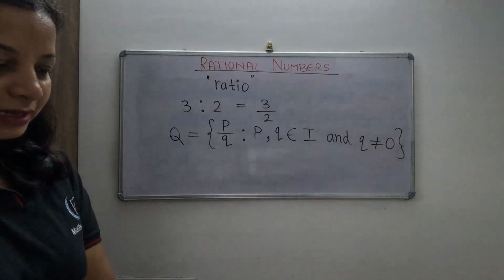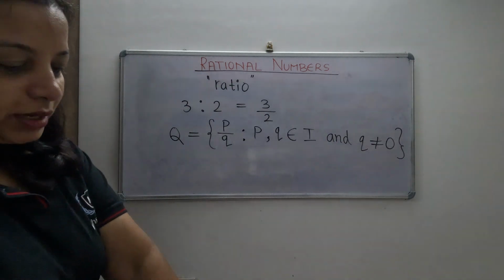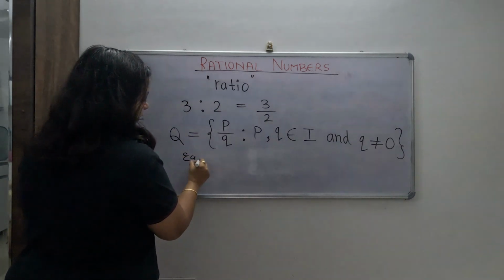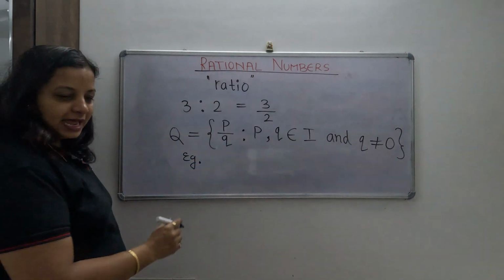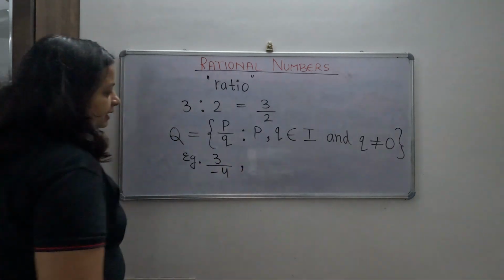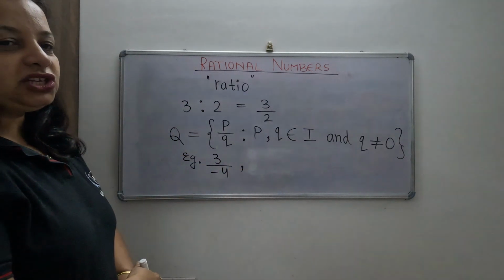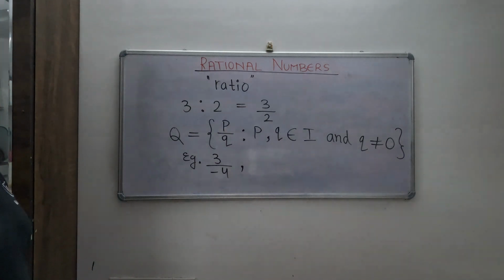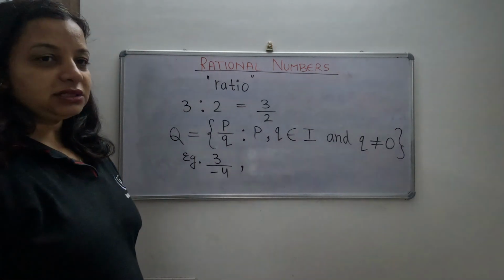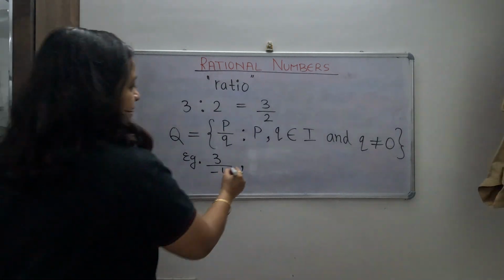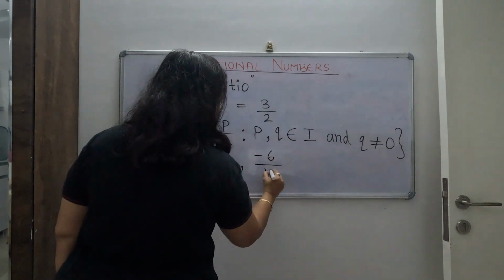For example, rational numbers are like 3 over negative 4. See, 3 is a positive integer, negative 4 is a negative integer, so both are integers, right? The other example is negative 6 over 17.